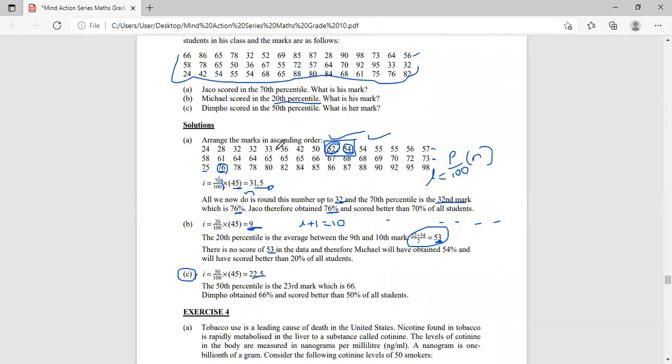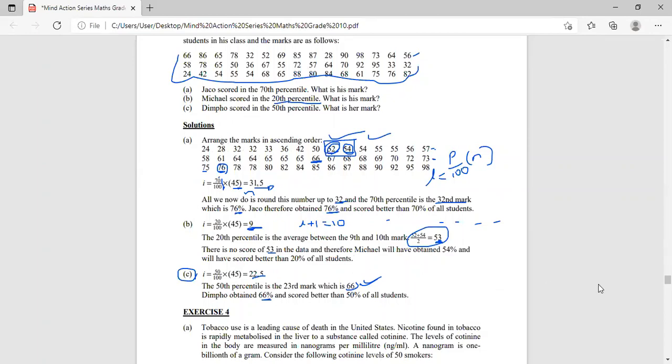Oh, that's wrong. This was not ascending. Here, ascending order: 15, 16, 17, 18, 19, 20, 21, 22, 23. Here 23. So the answer is 66%. About the 50th percentile, it's 66%.